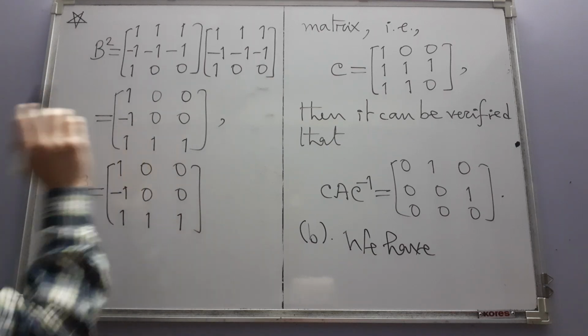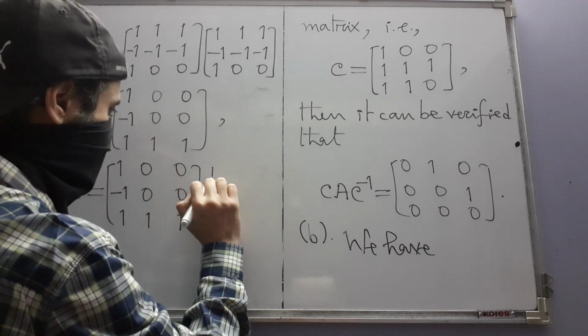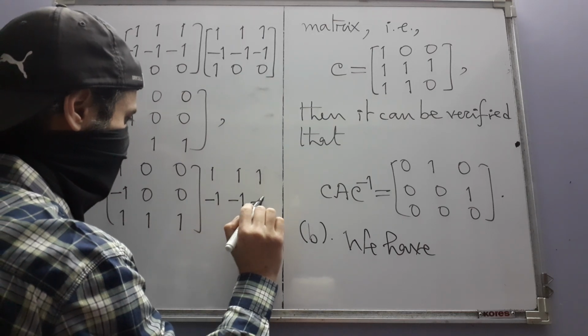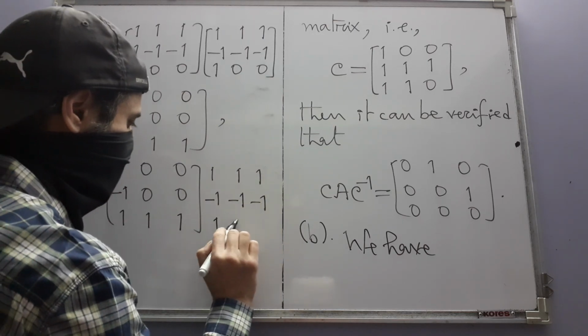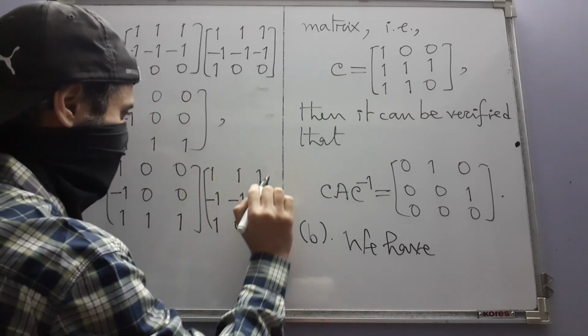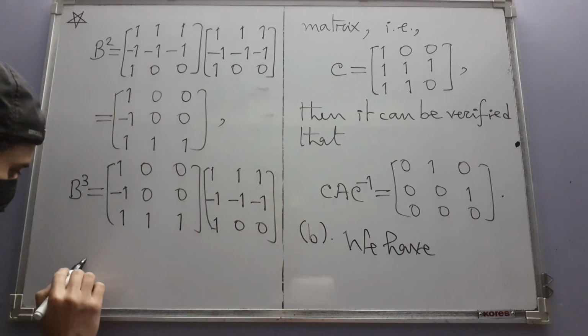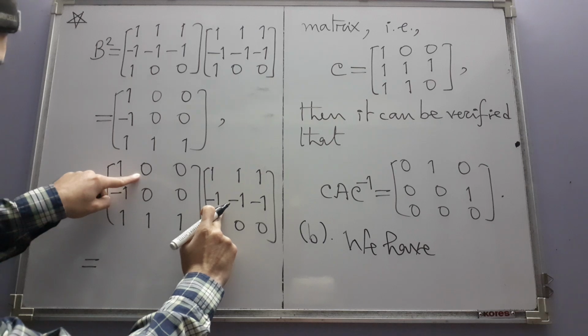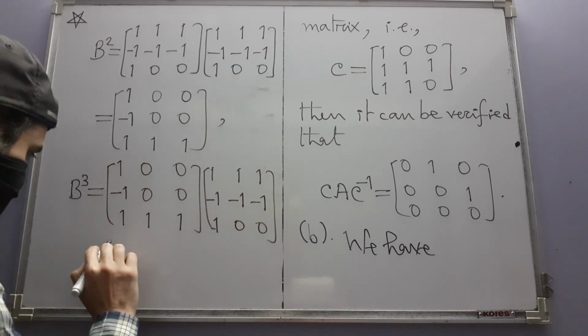So I have written B square first and then I will write B. So that will give me B cube. Alright, so let's now carefully calculate this product. 1, 0, 0, 1.